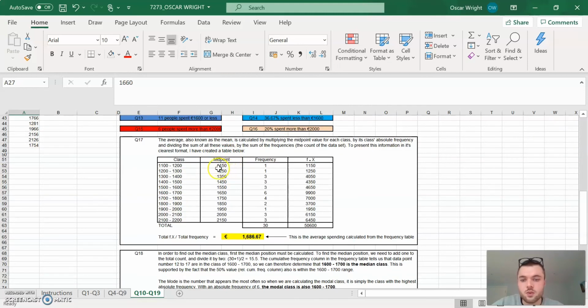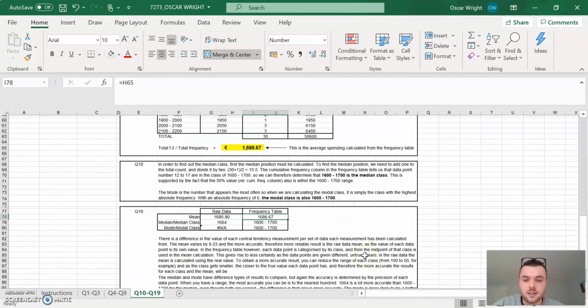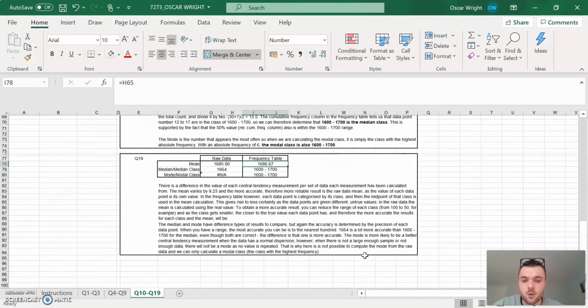So for example, if this was 1125, then the next one was 1150, the next one was 1175, and we had different frequencies, then we would be able to get a more accurate value for the mean. And in fact, when I say more accurate, we would see that the frequency table mean would tend towards the raw data mean as the classes become smaller and more accurate.